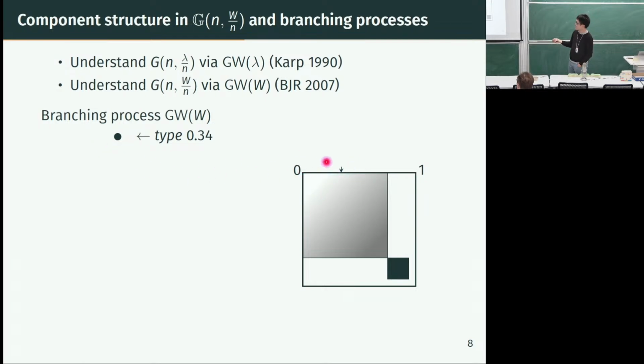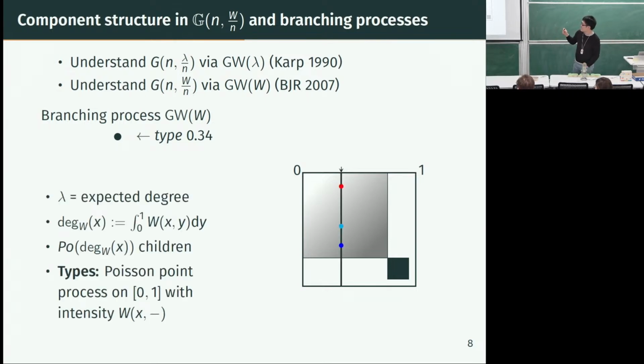Is it a vertex that lives here and sees, in some sense, neighbors of this sort? Or is it a vertex that lives, I don't know, here maybe, and sees something different? So we need to sample a notion of type for this vertex. And let's say I did some random sampling for you. It gave me 0.34 for some reason. And now the next bit about this branching process is we need to specify, as with most branching processes, how do you generate the children, the family tree.